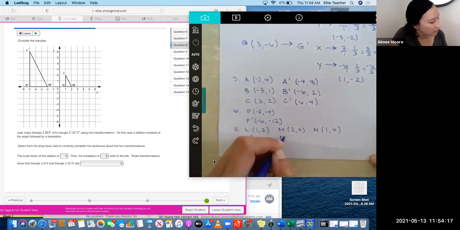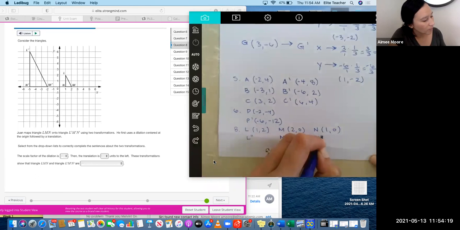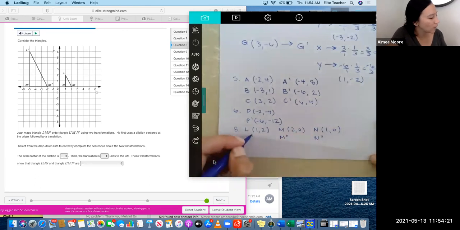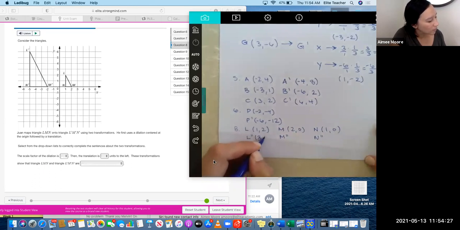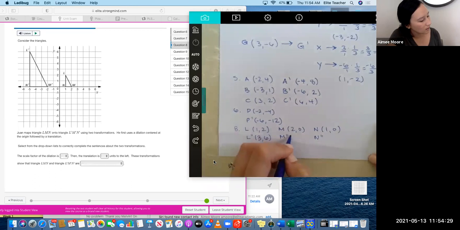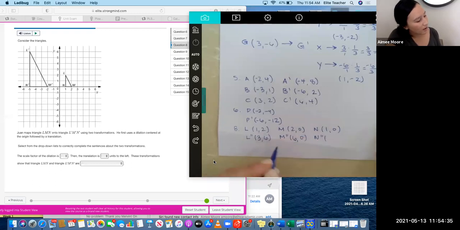We'll do double primes. We need to get this the same size. So first we are going to multiply by 3. So 1 times 3 is 3. 2 times 3 is 6. And then 2 times 3 is 6. 0 times 3 is still 0. And 1 times 3 is 3. And 0 times 3 is still 0.